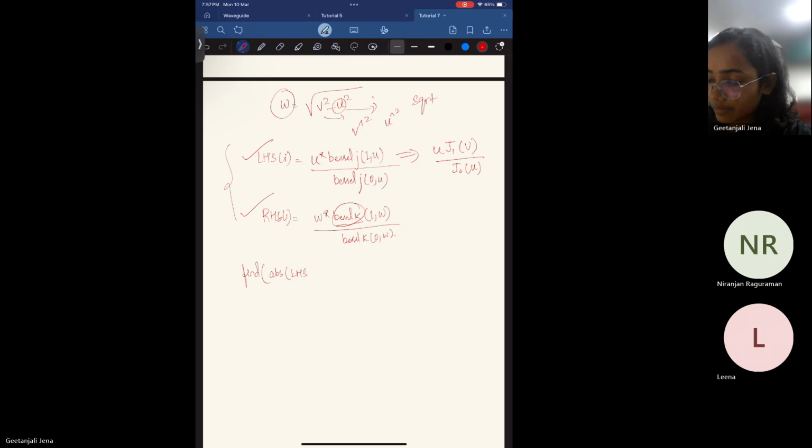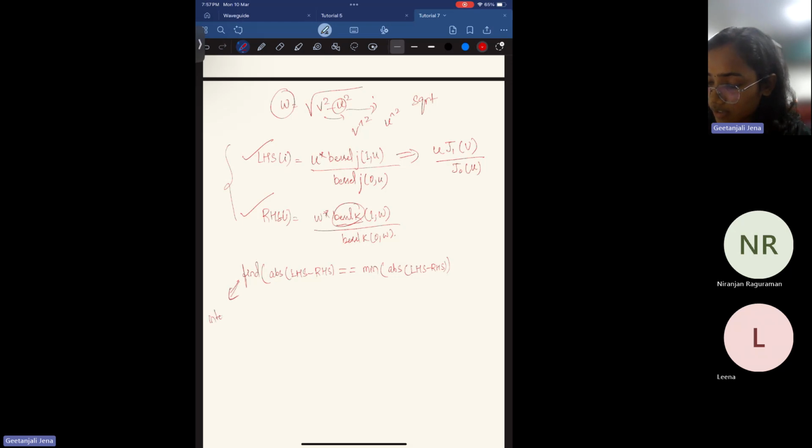Find is absolute LHS minus RHS, which is equal to the minimum of abs(LHS minus RHS). Just give a name to this function.